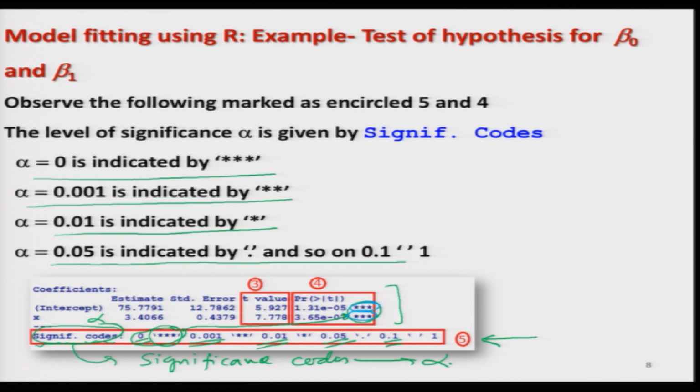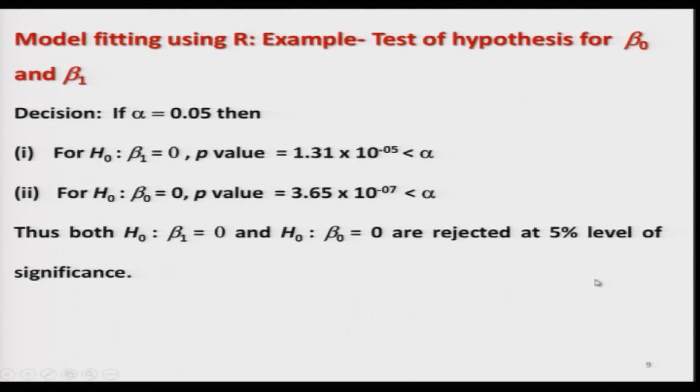So, this is how it indicates the level of significance used in the test of hypothesis, which has been used with the p value. So, these stars are simply indicating the level of significance being used.